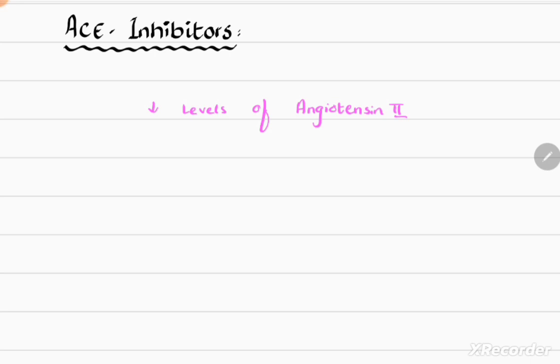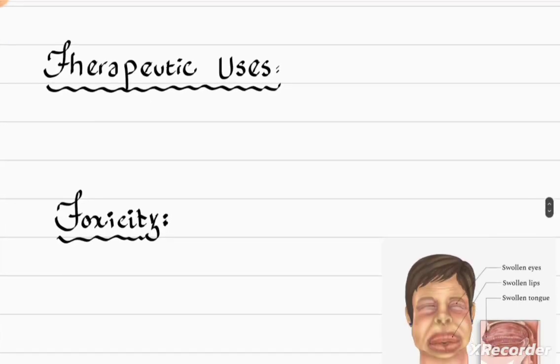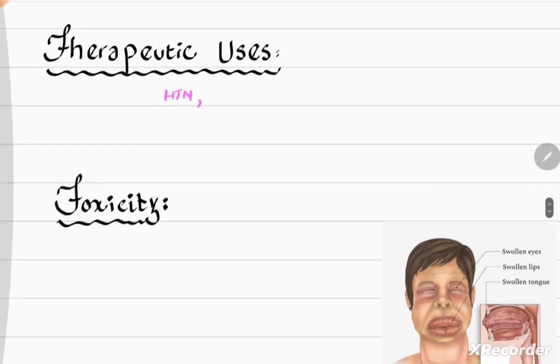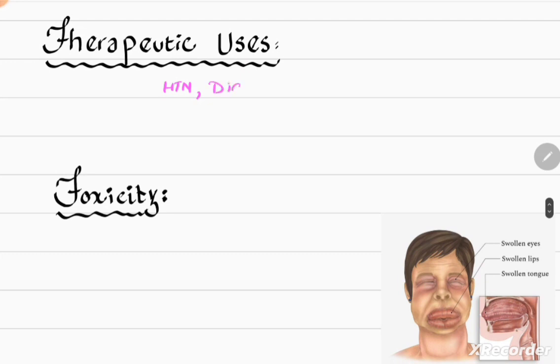There is an increase in the level of bradykinin, and an inactive metabolite. The uses of ACE inhibitors are in hypertension, in diabetes, and in heart failure.